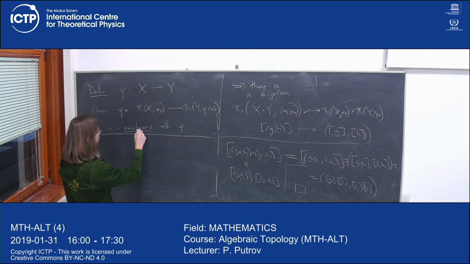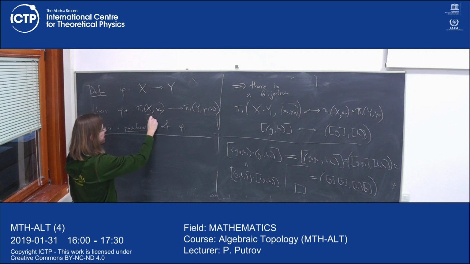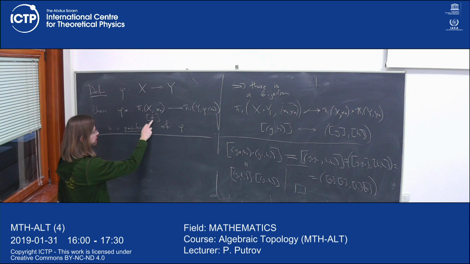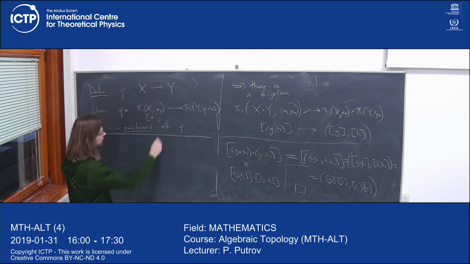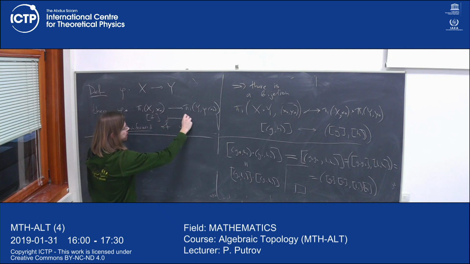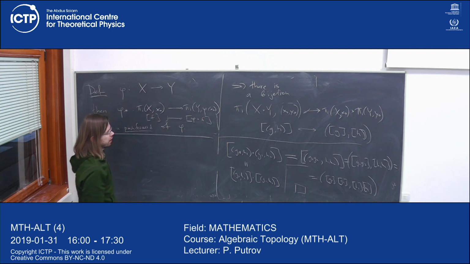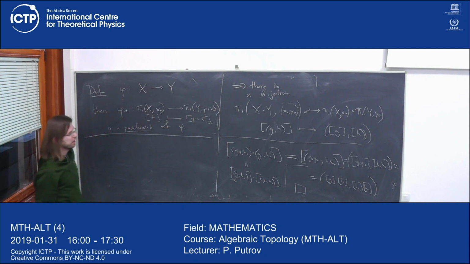So for any map phi, there is a phi star, and it's explicitly defined as follows. We take some loop in X, so there's a class in pi 1 represented by loop f, and then we map it to the composition of phi and f.